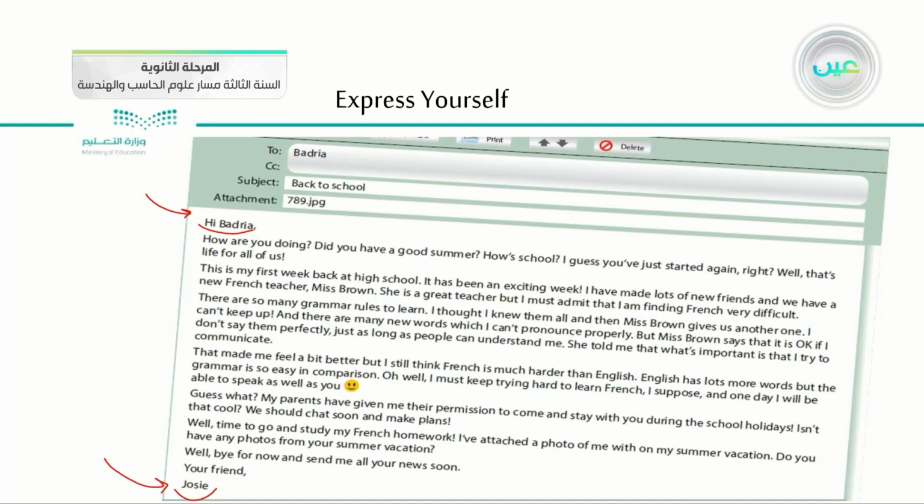We will start reading the email together, and you can annotate. The word annotate means commenting on what you have read. So if you write any comment about something you are reading, this is called annotation. So you can annotate if necessary.